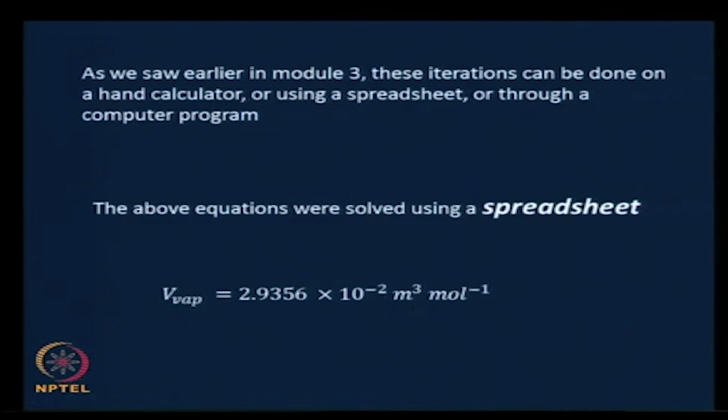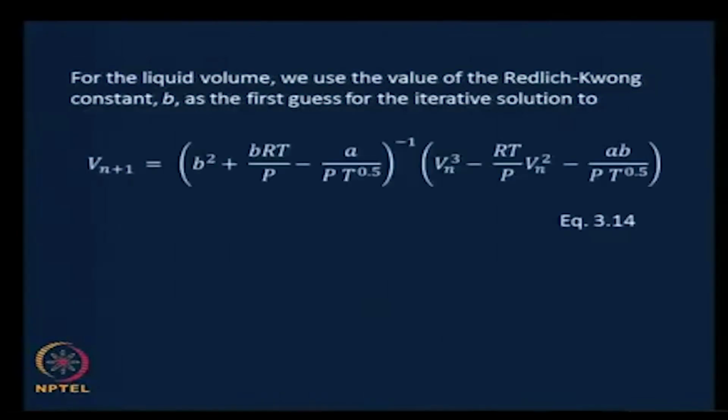Now this is only the vapor volume, we still need the liquid volume. The liquid volume, we said, requires a different framework, which we have already seen, so I am just going to state it here. This was the way in which we cast the Redlich-Kwong equation by an appropriate manipulation to overcome the difficulty posed by the previous iterative formulation, and we have seen this earlier in equation 3.14; you can go back and check how we got this.